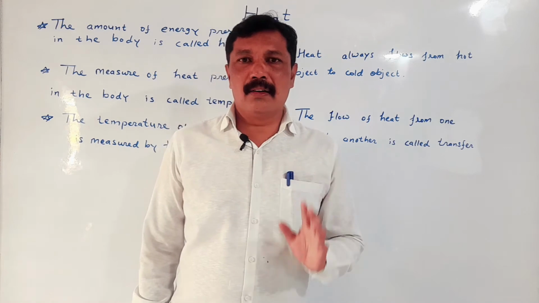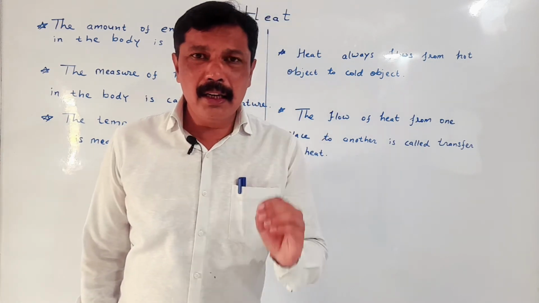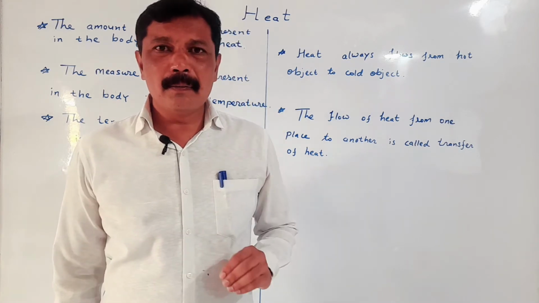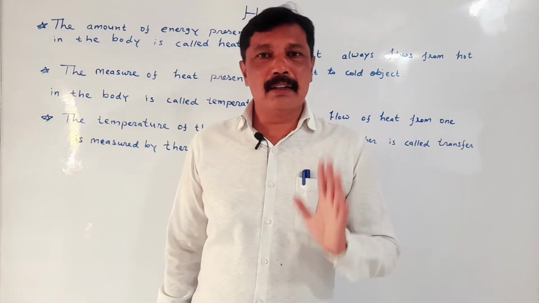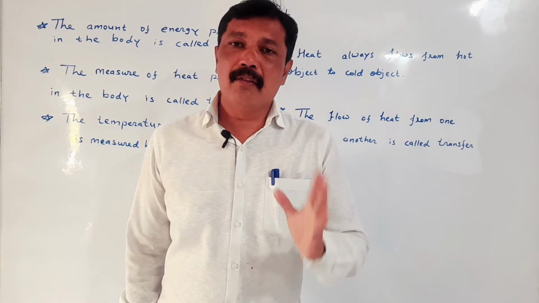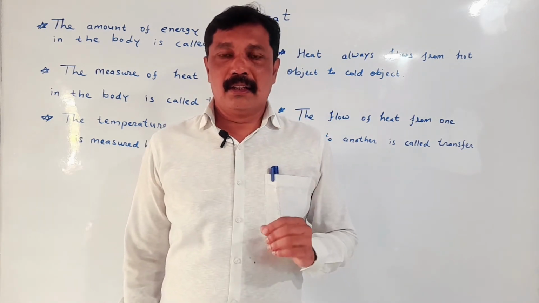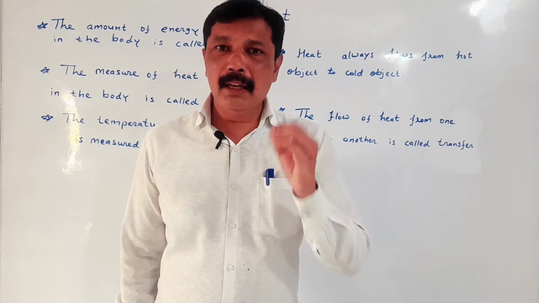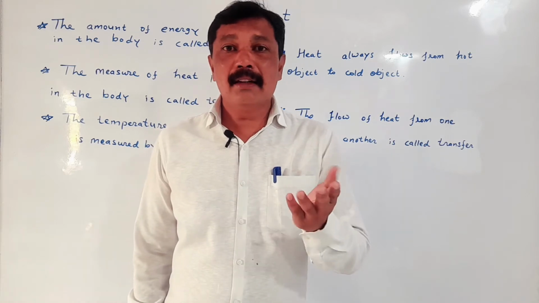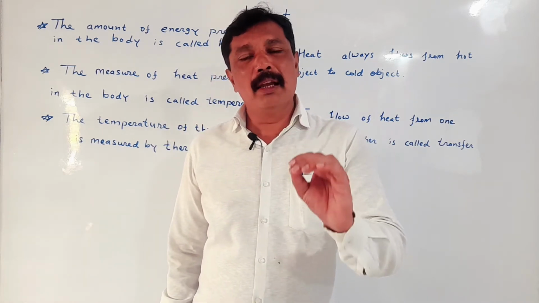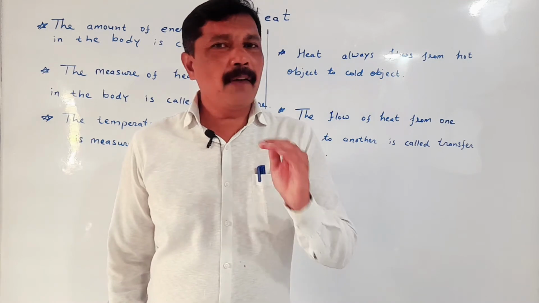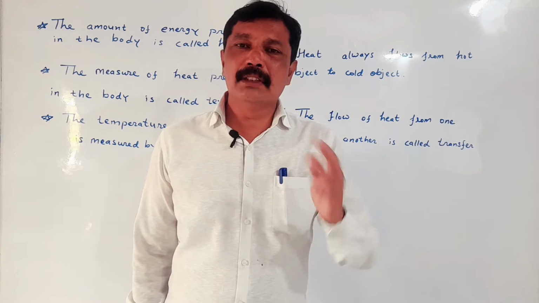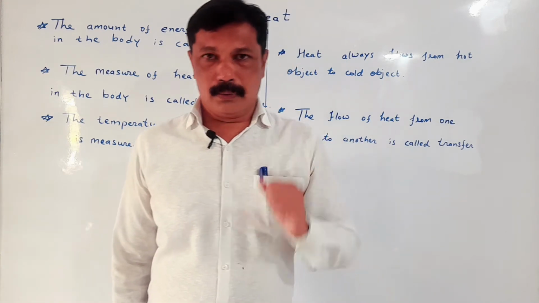When the heat is continuously supplied to the milk, then the amount of heat present in the milk will increase. And if the amount of heat present in the milk increases, then the temperature of the milk will increase. After some time, you will see that the milk will come up and sometimes it can overflow also.